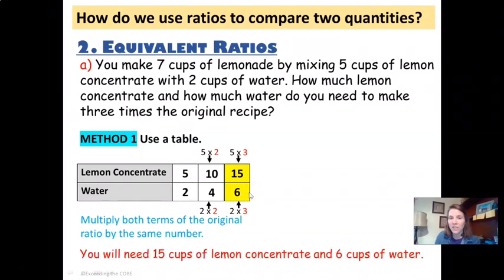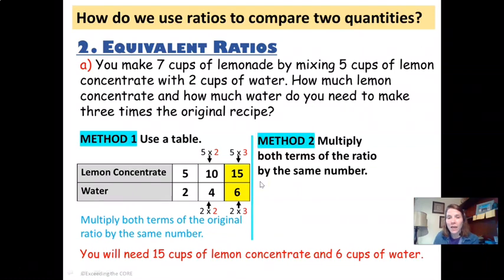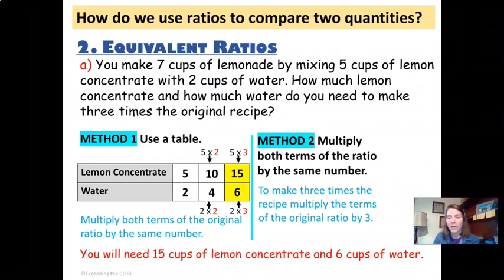So the final answer is that I need 15 cups of lemon concentrate for every 6 cups of water if I'm making 3 times the recipe. I can also set this up as a ratio that's just one number over the other, and I would take both things times 3.